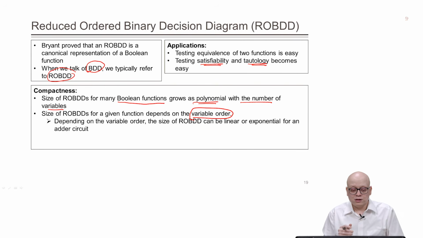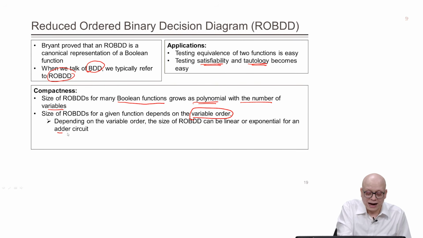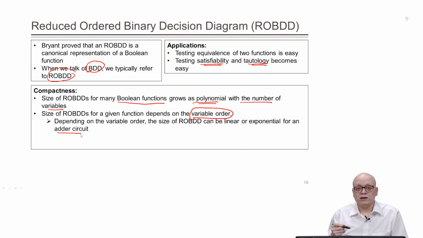For example, if we represent the adder function in an ROBDD, then depending on the variable order, the size can be linear or exponential. So, the order of variables has to be chosen carefully while building an ROBDD.